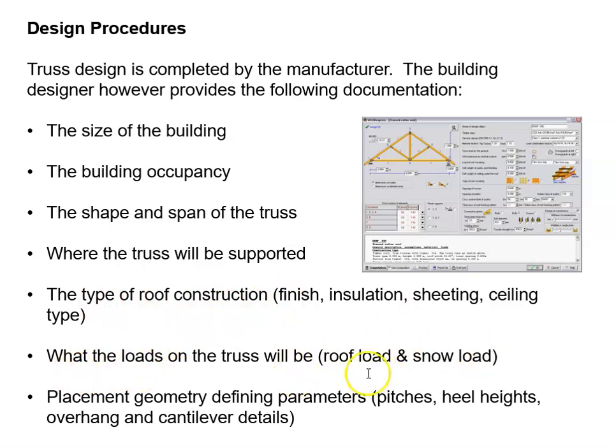So yes, the engineer determines the snow and roof loads, and then any important pertinent geometry: pitches, heel heights, overhangs, cantilever details. They provide all of that, and then the truss manufacturer will complete the job and usually come up with the interior web design. As long as there's no attic, it's really just left up to the manufacturer to determine that.